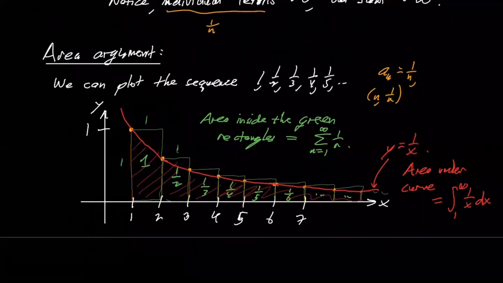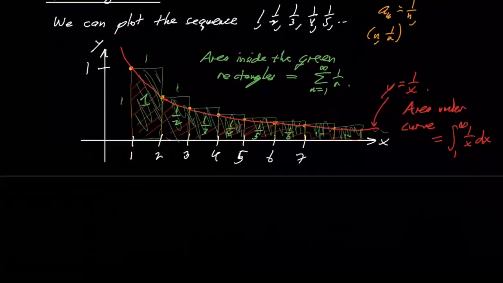And now here we have the green area is bigger than the red area, right? So we've got the green area that's kind of inside all of these. And the green area is bigger than the red area. Okay, so this exactly shows something.